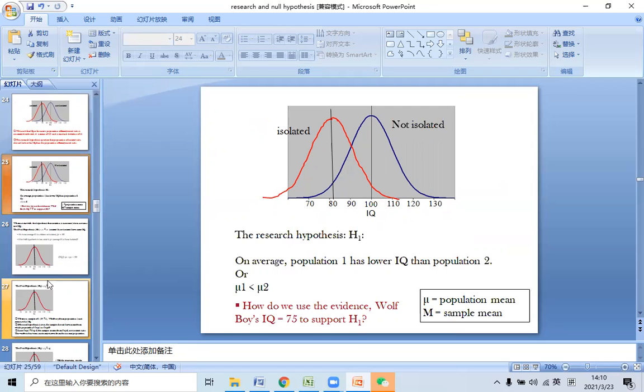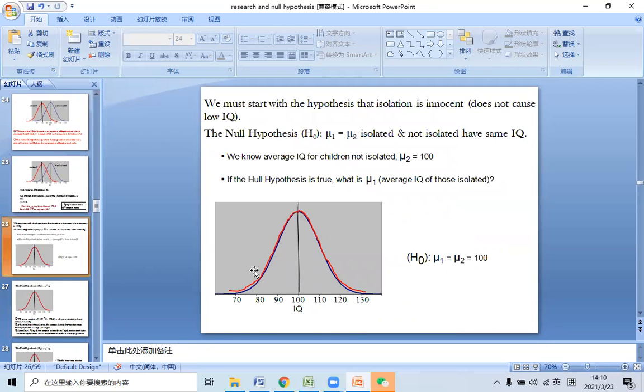And for the null hypothesis, the two populations have no difference. This is the null hypothesis, H sub 0. According to the null hypothesis, mu1 equals mu2. We know in a normal population, IQ scores have an average of 100. We know that normal people, on average, have an IQ score of 100.